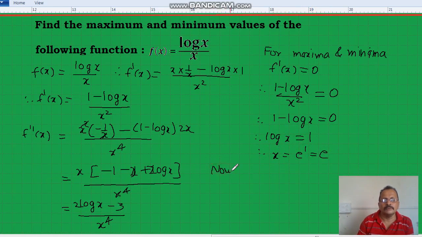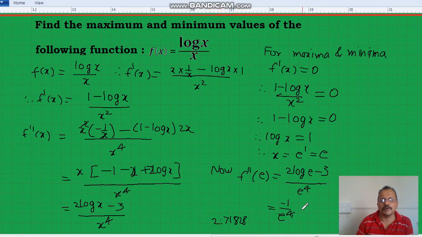Now f''(e) is equal to (2 log e minus 3) upon e raised to 4. 2 log e is 2, 2 minus 3 is minus 1, upon e raised to 4. e is a positive number whose value is approximately 2.71828.